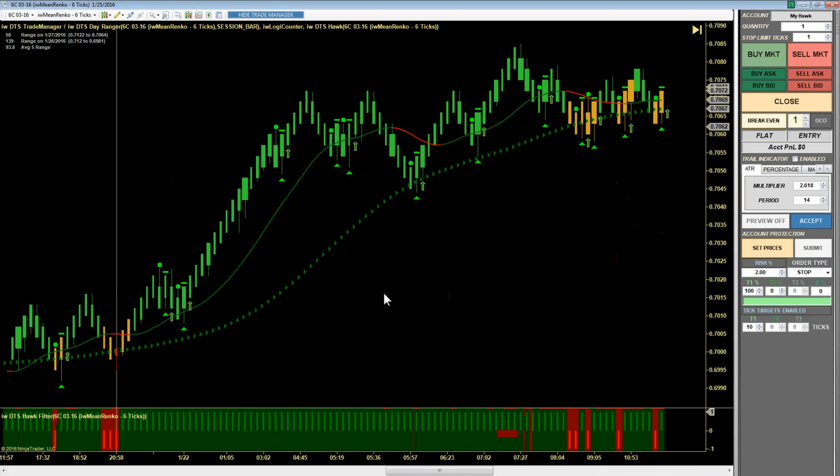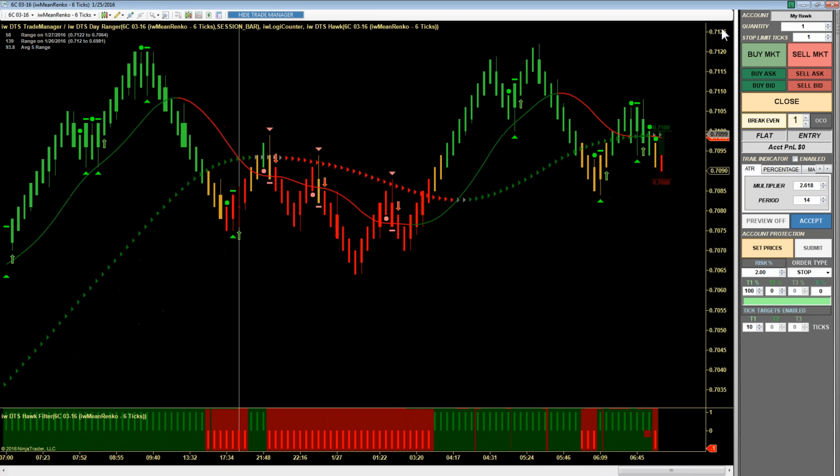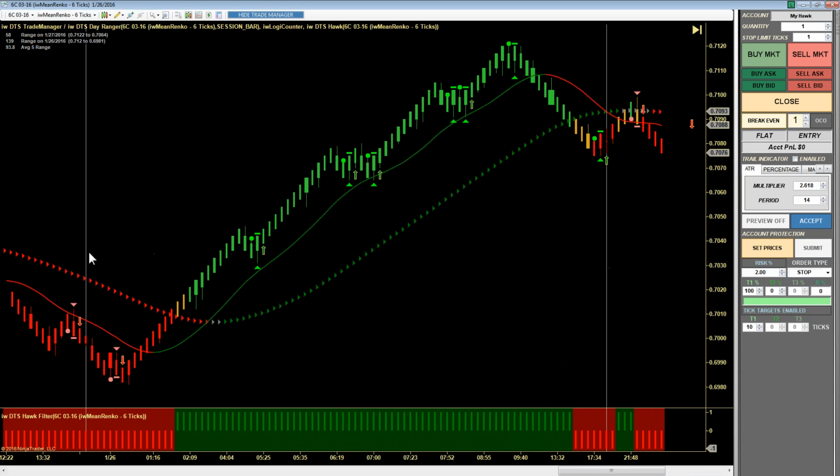What I'm looking for here is the session break lines, whether or not I need to adjust the brick size. We do have an alternate setting for these tools, and I'm going to load the Canadian dollar on my alternate setting and just see if that isn't a little better. You see, what happens is when the daybreak lines are too close together like this, we're not going to generate enough signals.